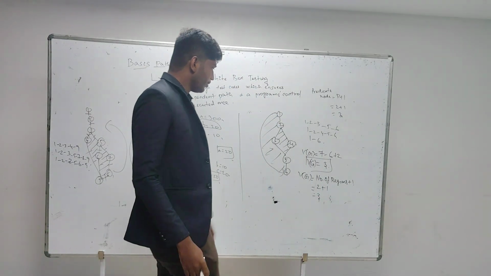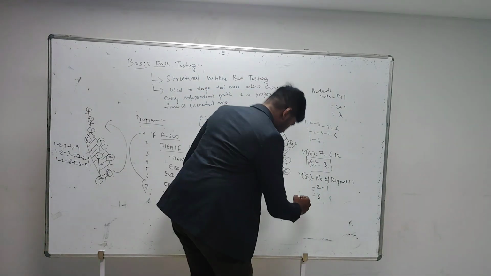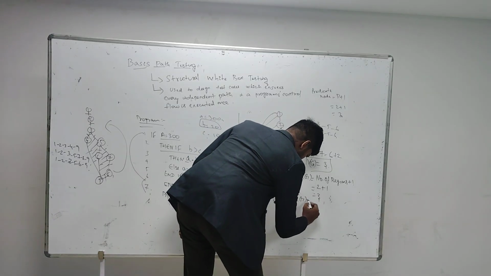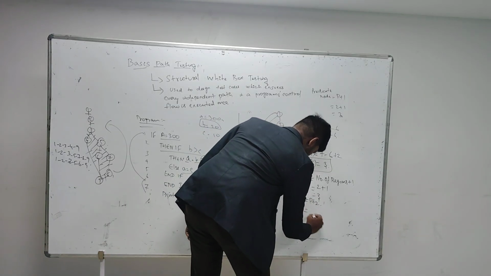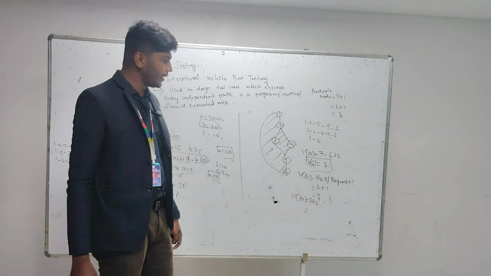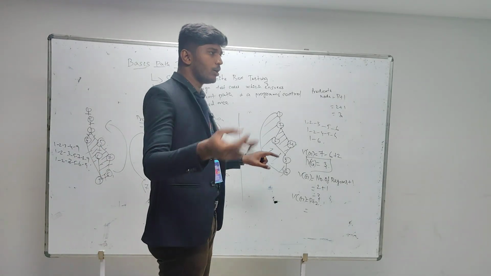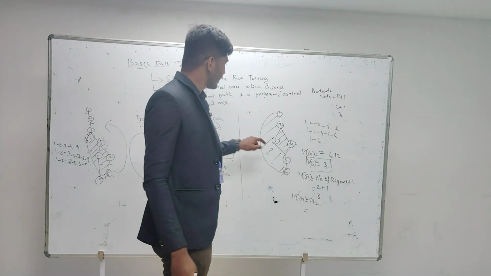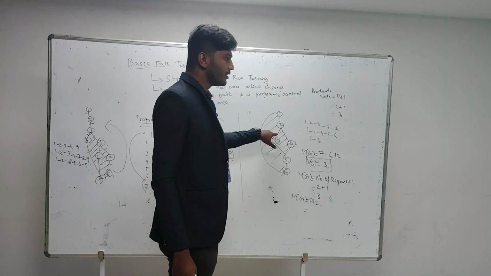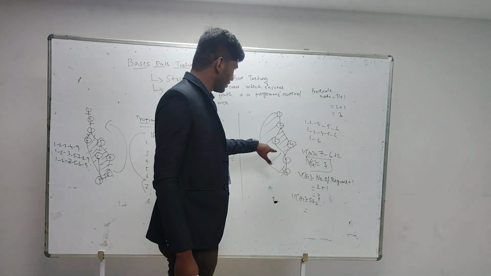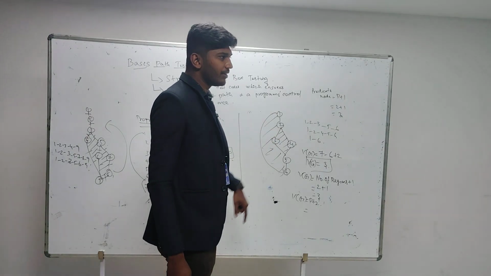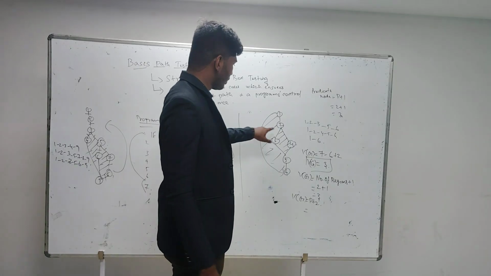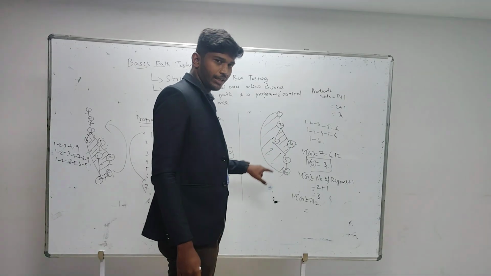Okay, now you have to find out predicate nodes. So V of G equals P plus 2. If a node has more than one outgoing edge, then it is considered a predicate node. So 2 has more than one outgoing edge and 1 has more than one outgoing edge. So 1 and 2 are the predicate nodes.